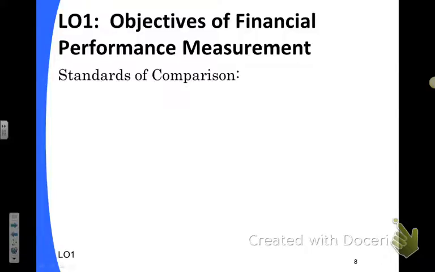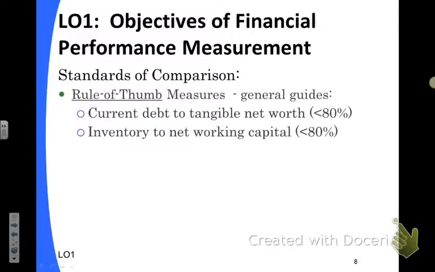In reviewing or trying to determine how a company is achieving these measures, companies use some standards of comparison. One of the standards of comparison is the rule of thumb measure, and these provide general guidelines.